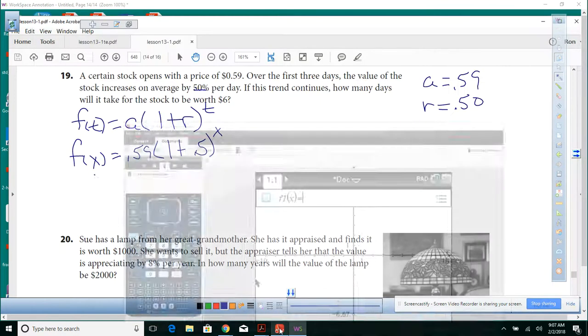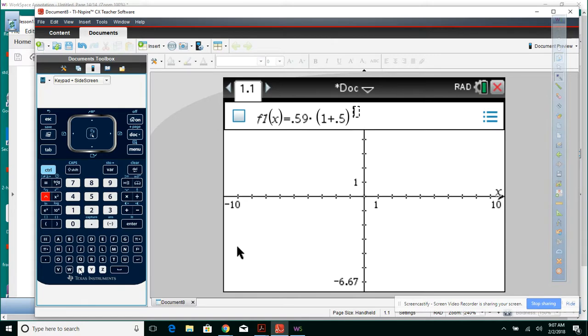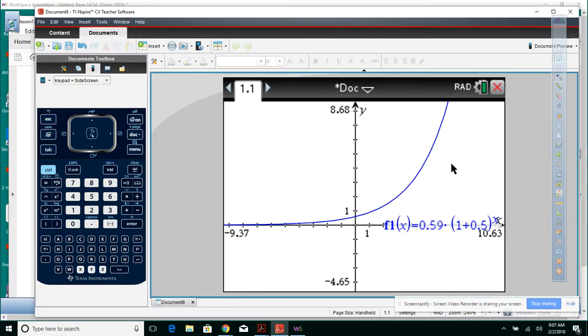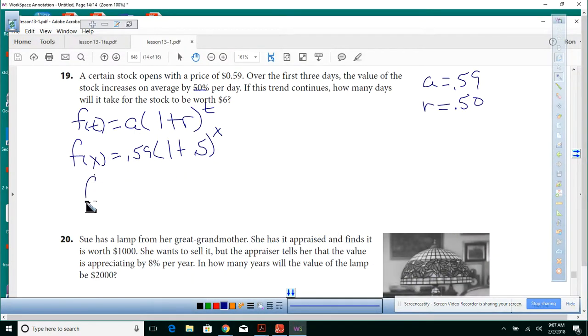And then we have 0.59 times, and then open parentheses, 1 plus 0.5, close parentheses, caret x. Press enter. There it is. Now what we want to know is when it equals $6. So we want to know when f of x equals 6. Okay, so let's put it in here.